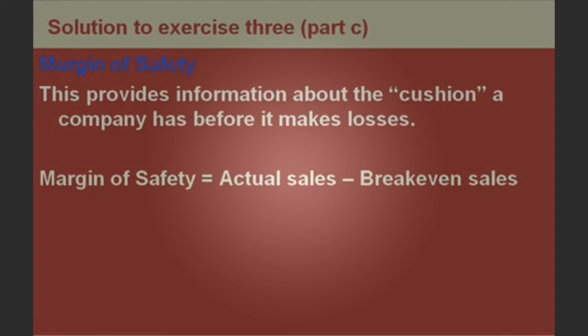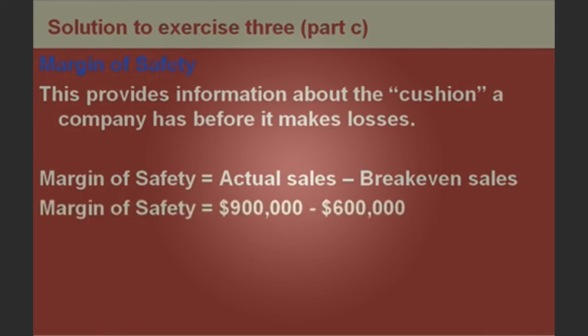The formula is margin of safety equals actual sales minus break-even sales. We already computed break-even sales, and we know the actual sales. From part B, the actual sales is 900,000. From the first part, we knew the break-even sales is 600,000.